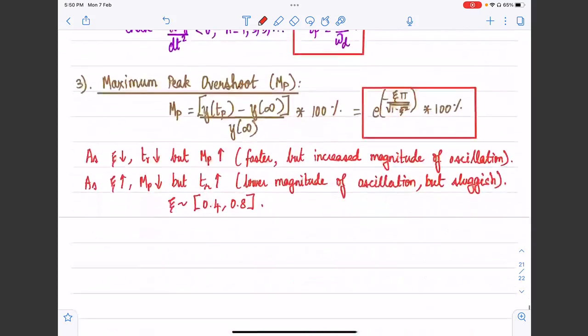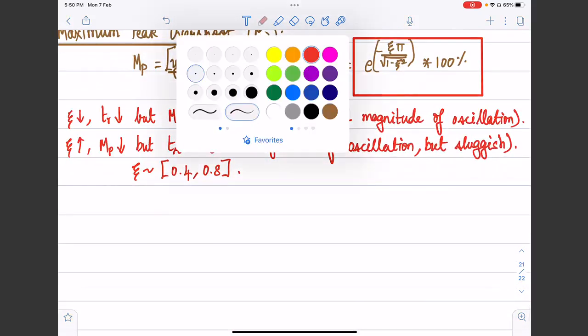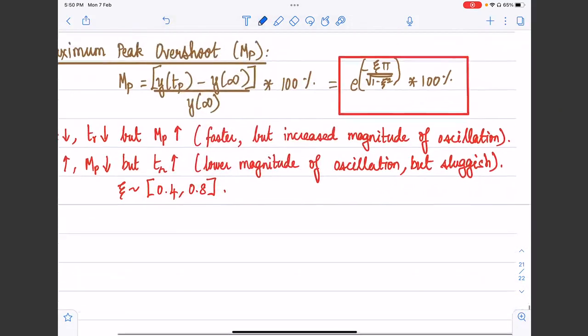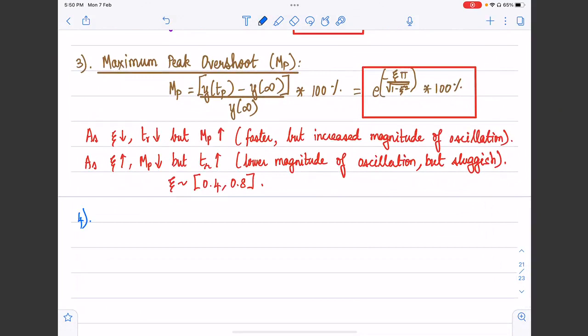So that is the last parameter that we will be looking at. Settling time TS is the time taken for the output to settle within that band.